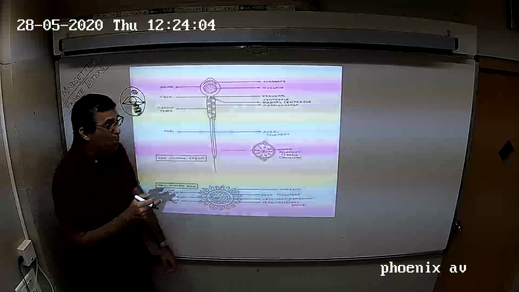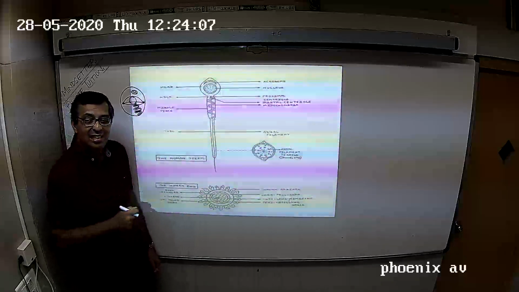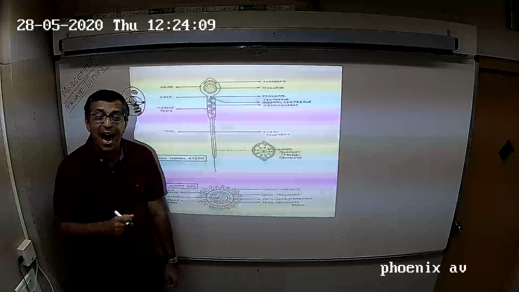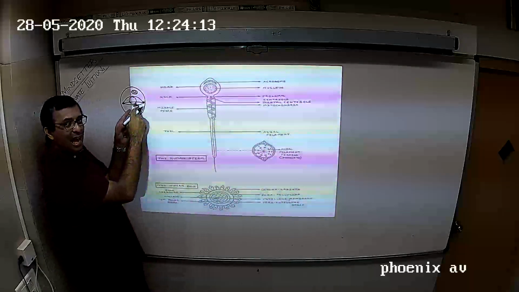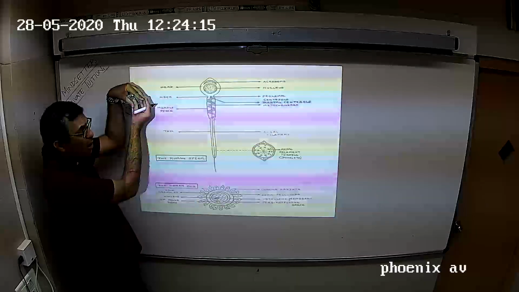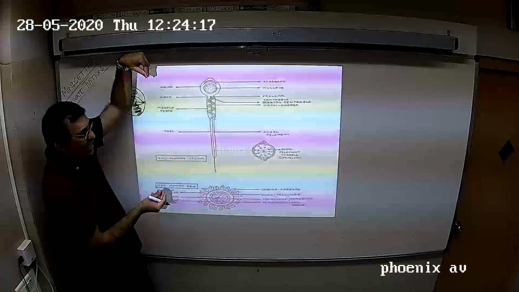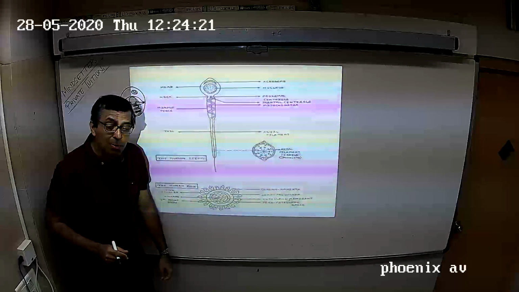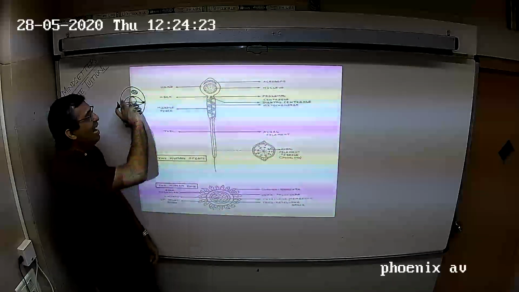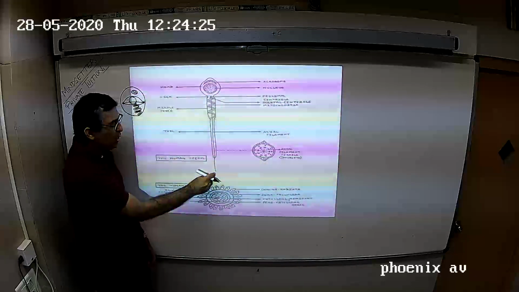Let us assume this cell is a spermatid. And the spermatid undergoes spermiogenesis to form a structure called a sperm. So spermatid has transformed into a sperm.